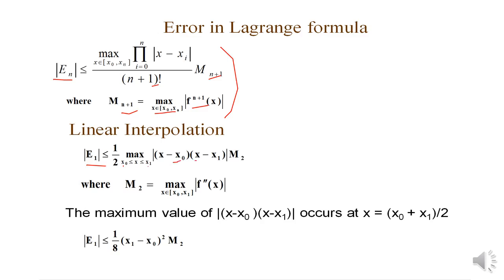So product of (x minus x0)(x minus x1), and Mn plus 1, n is 1, so this is M2. And what will M2 be? Second derivative of the function, and mod of that and maximum x belongs to [x0, x1]. So this is our formula for linear interpolation.